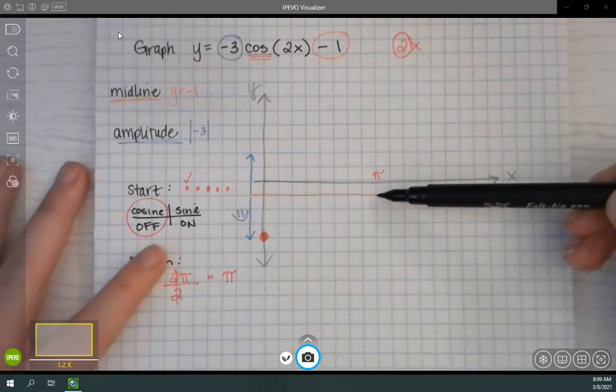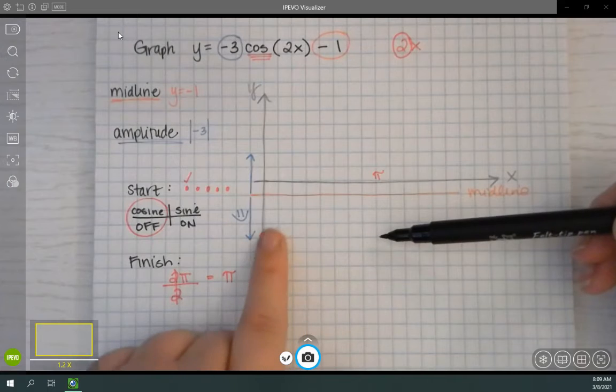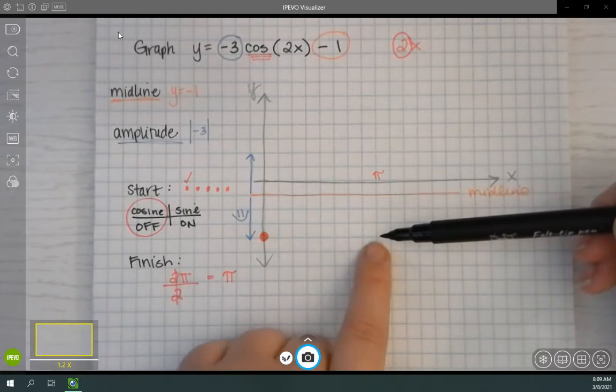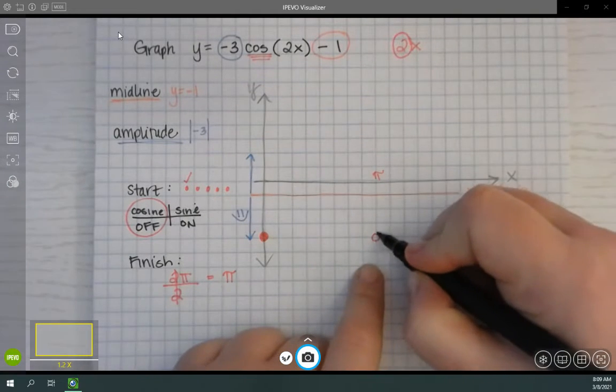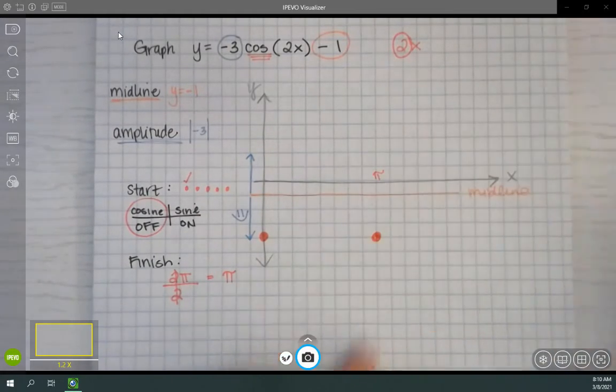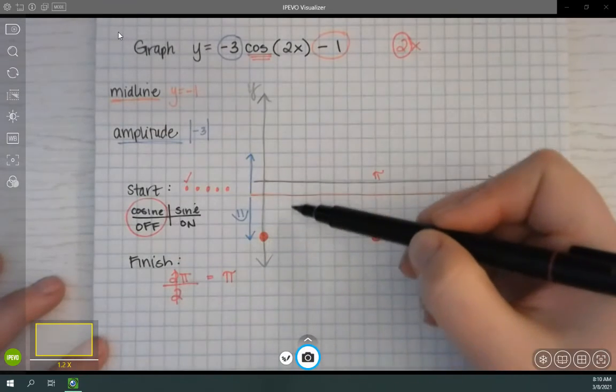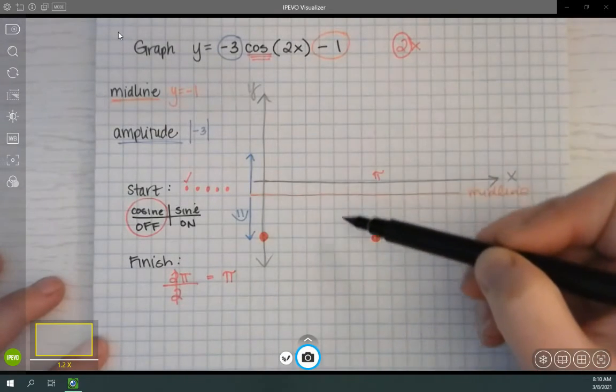Now the question is, should I put my dot on the midline? No, I should not. If I start off, I end off. So I'm going to come down here, and I'm making sure my starting location and my ending location have the same dot. Now here's something I need to be aware of. I have to be able to go below and above the midline to make this happen.